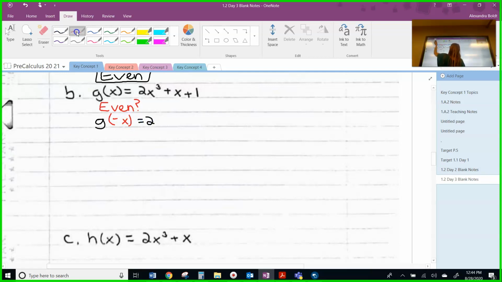I'm going to do 2, and it's the opposite of x cubed. Plus, and there's an x here, so I'm going to put the opposite of x plus 1.